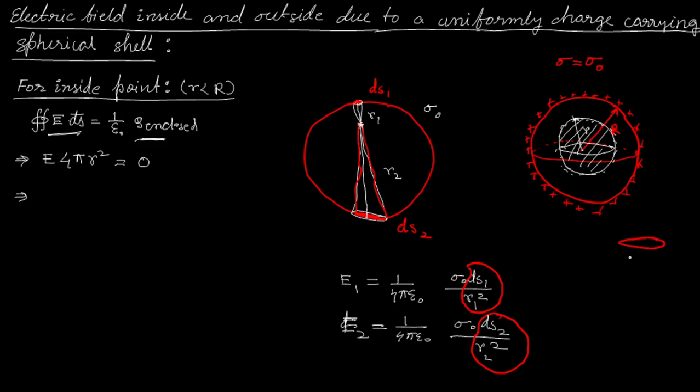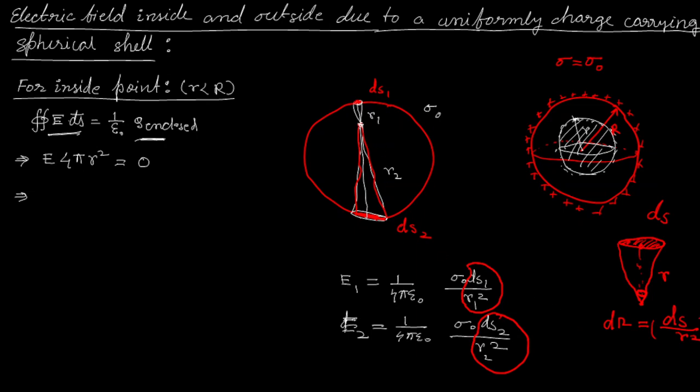So if we draw a cone like this, if this surface area is ds, and the perpendicular distance of the vertex from this surface is r, then the solid angle created at this point is defined as d omega equals ds divided by r square.